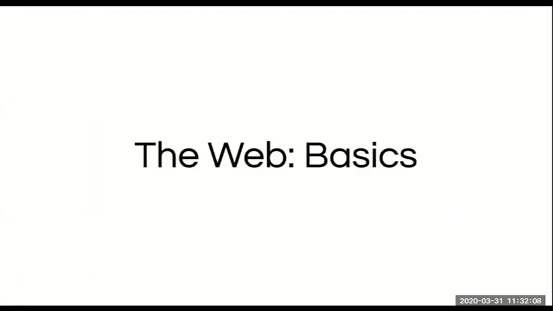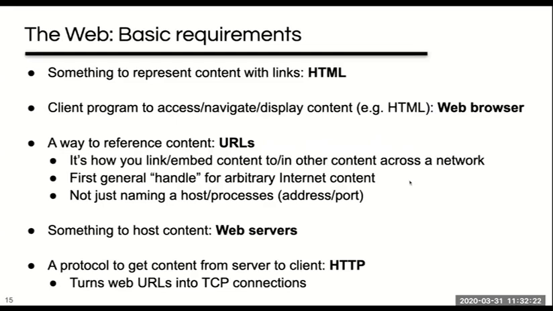All right, so let's start off by looking at the basics. A lot of this will be pretty quick. I'm sure many of you know a bunch of it already, but I want to establish common context and terminology. So what are the requirements of the system? As Tim Berners-Lee said in his proposal, we want this web of information.